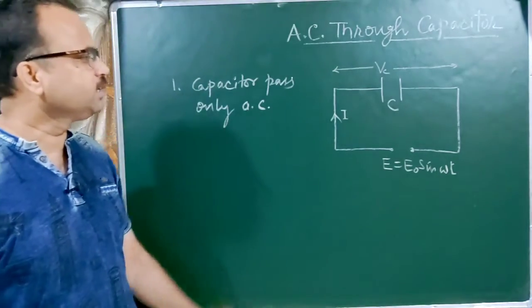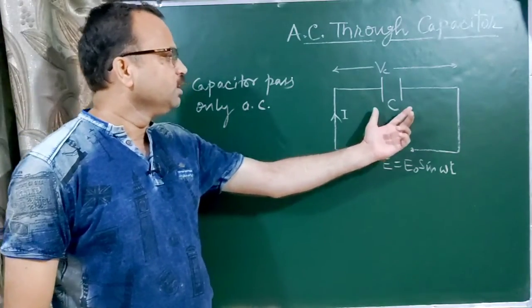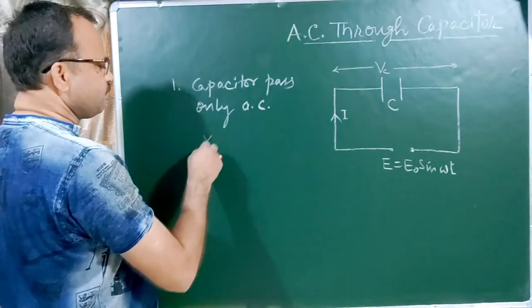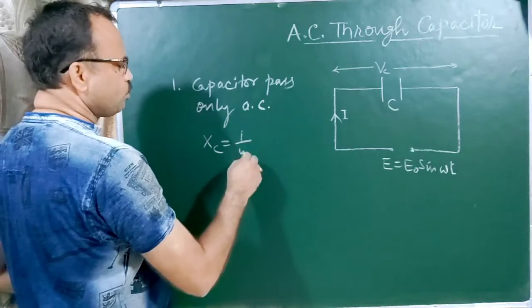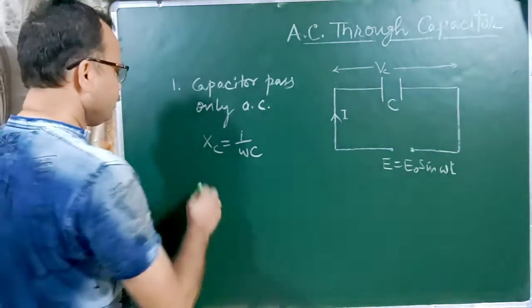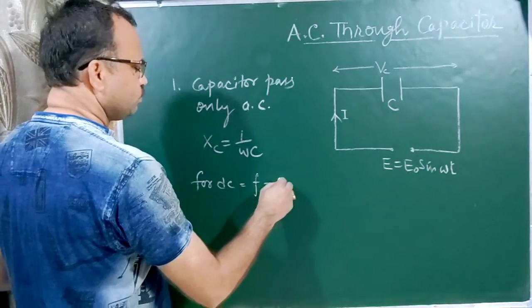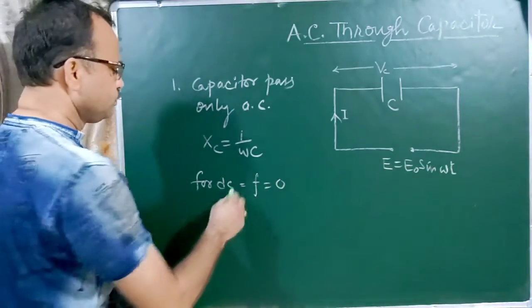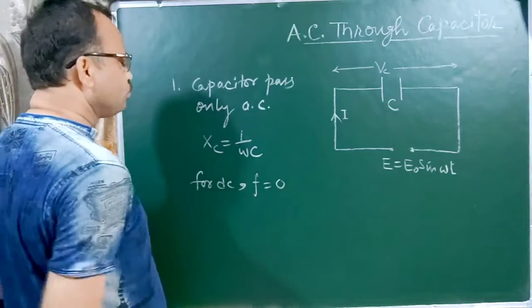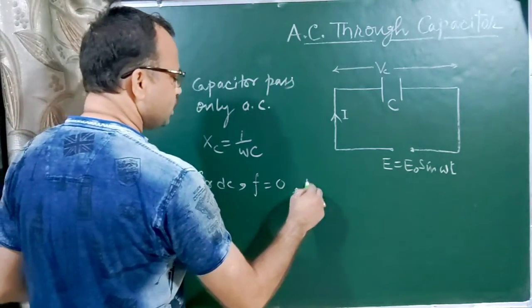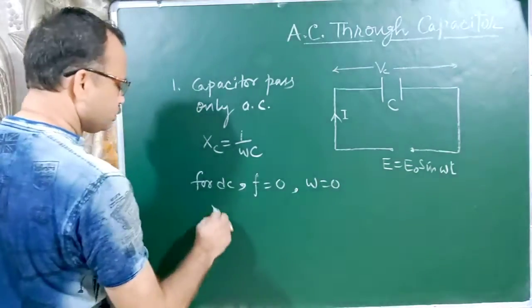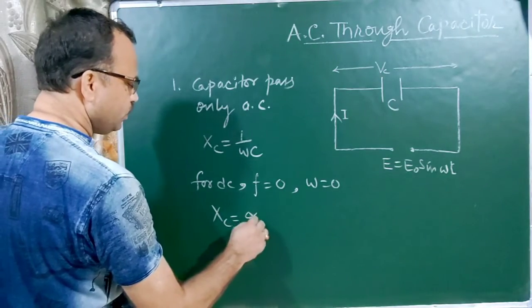The reason is that the reactance of this capacitor is given by Xc equal to 1 upon omega C. For DC, nu or f equal to 0, meaning the frequency of DC equals 0. When frequency is 0, omega equals 0. So Xc equals infinite.